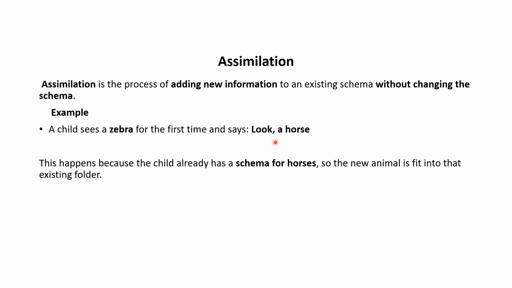But that is what he has in the folder. And this particularly is about children. This happens when the child already has a schema for horses. So the new animal is fitted into that existing folder. So the child considers that one to also be a horse. Meanwhile, it is not a horse, but it is an animal. All right.